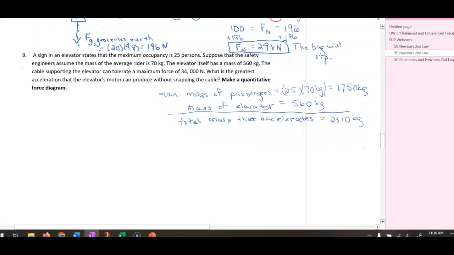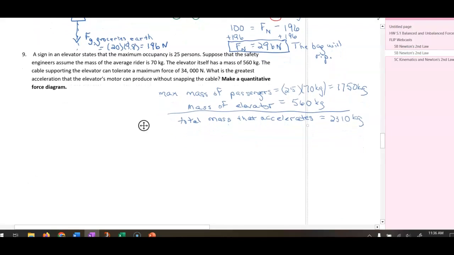Okay, the problem goes on to tell us that the cable that supports the elevator can only tolerate a maximum force of 34,000 newtons. Okay, let's do a force diagram for the elevator. So I'm going to start with the weight of the elevator itself.